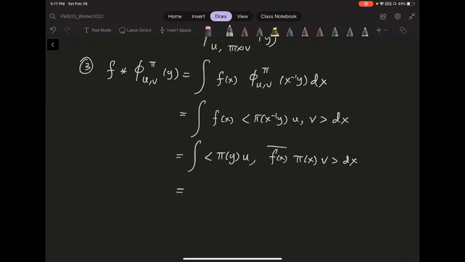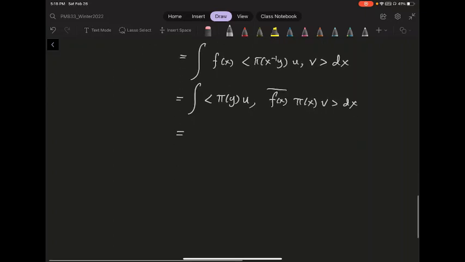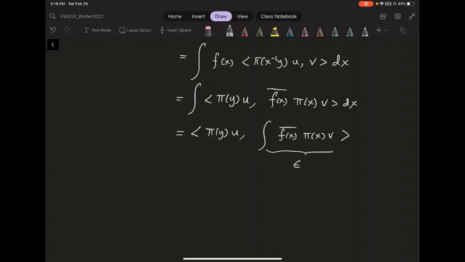And because the inner product is a linear function, you can basically move the integral to the right, okay? So this pi y u doesn't really depend on the integral, and you integrate the f x bar, pi x v, okay? But in any case, this is going to be a fixed vector inside your space. So this is in H pi, your f is in L1, and pi of x v is going to be the same length as v, so this right-hand side is clearly defining a vector.